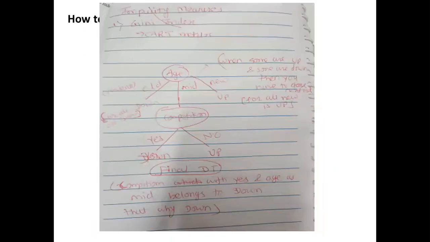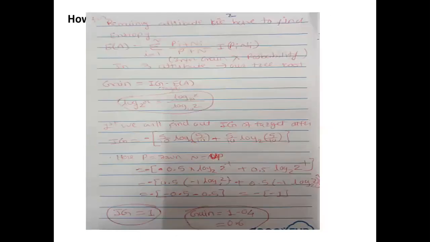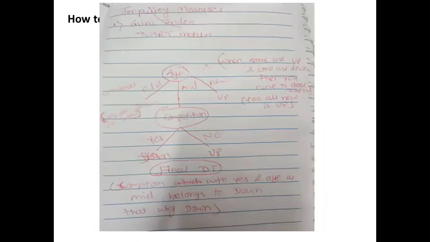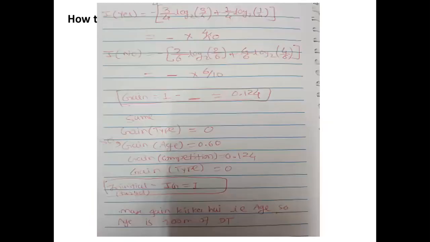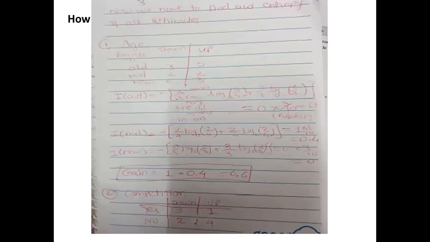Clear? Same if you consider new, for all three new, the profit value becomes up, right? So for new we have considered up. But if you consider mid, for two the profit value becomes down, and for two it becomes up, right?